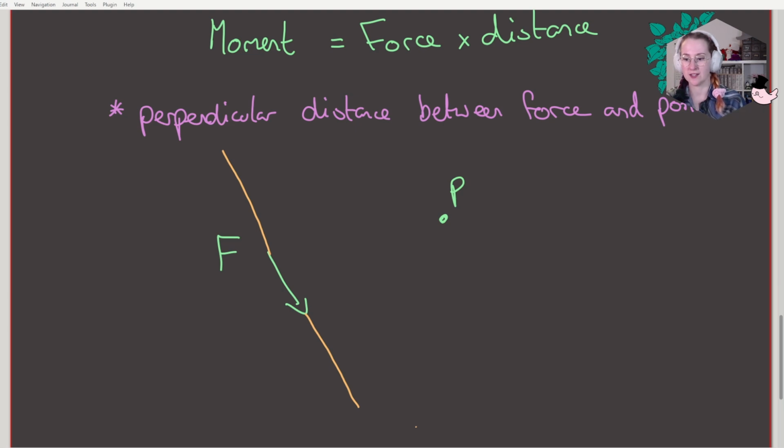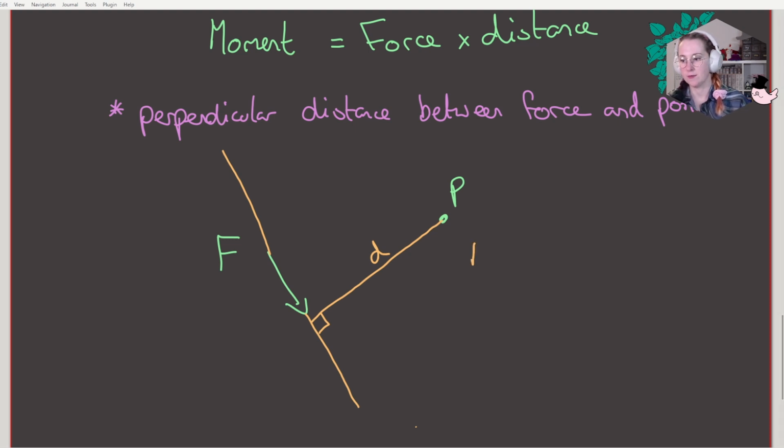If I do a line from down here up to the point, or a line from slightly closer in, the one slightly closer in is going to be shorter. That keeps happening all the way to perpendicular, and then they start getting longer again. So what we want is the perpendicular distance, and by perpendicular, I mean they're at a right angle to each other.